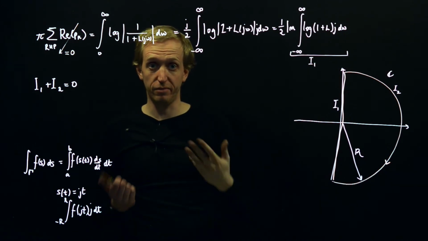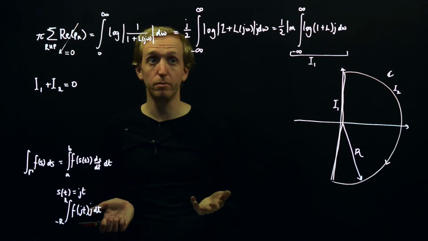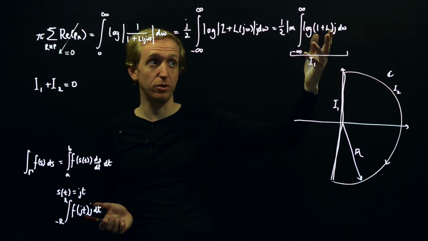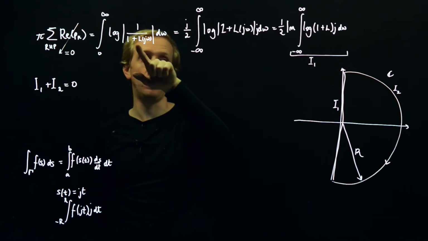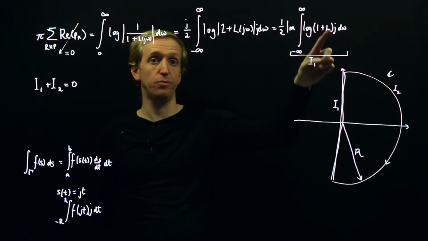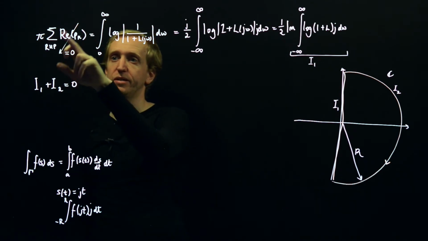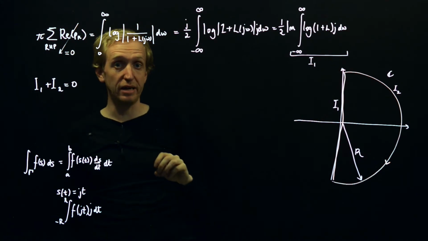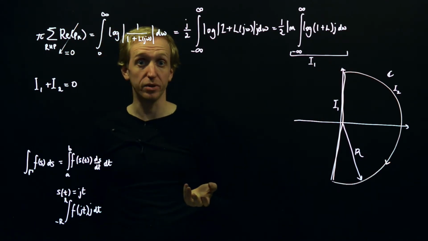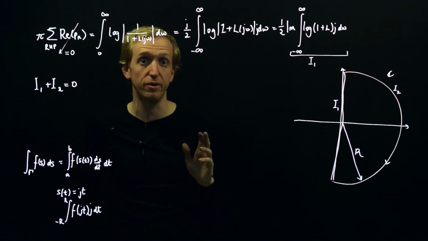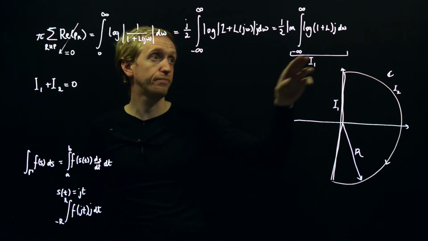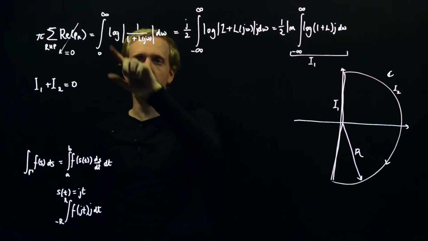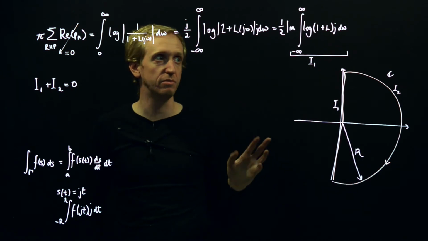And similarly, if the closed-loop system is stable, then 1 plus L can have no right half-plane zeros, because the poles of 1 over 1 plus L are the zeros of 1 plus L. So under this assumption of no open-loop right half-plane poles, provided the closed-loop system is stable, which is necessary to have a bounded sensitivity function. If you're unstable, the sensitivity function is just infinite. Anyway, we want the closed-loop system to be stable.